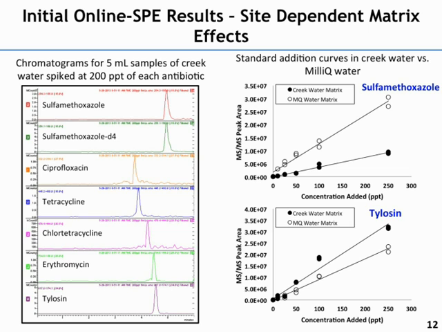And you see, in the case of sulfamethoxazole, we have maybe significant suppression there or some kind of matrix effect. And actually, in the case of tylosin, we see signal enhancement in the creek water. And so, again, this is really why we like the standard addition, because then we don't have to worry about that so much. And for some of these compounds, isotope-labeled internal standards are not available.